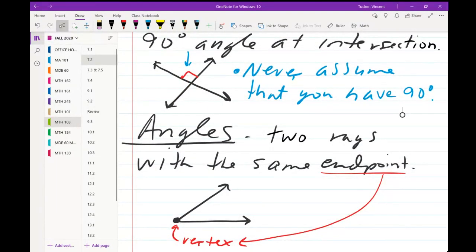All right, angles are two rays with the same endpoint, and that endpoint is called your vertex.